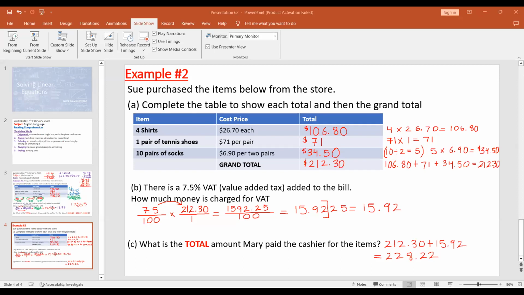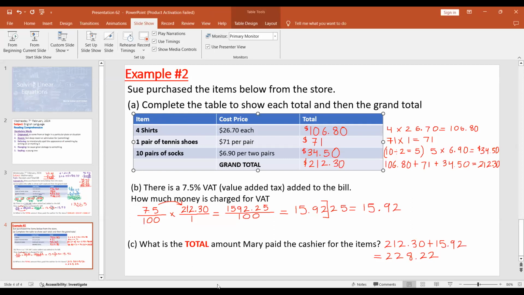And 5 times 6.90 equals $34.50. Then we add the grand total: 106.80 plus $71 plus $34.50, which gives us $212.30.